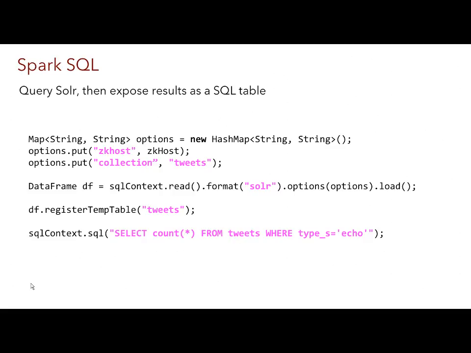With Spark SQL, you create a data frame for each data source using this common API, as we're seeing here. You can register it as a temp table, so now it looks like a relational table to Spark SQL, and you can do SQL analytics across multiple data sources in one thing.